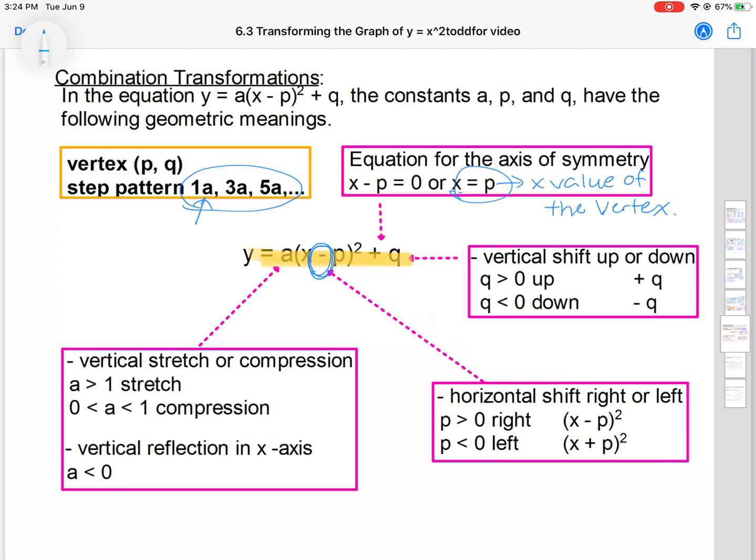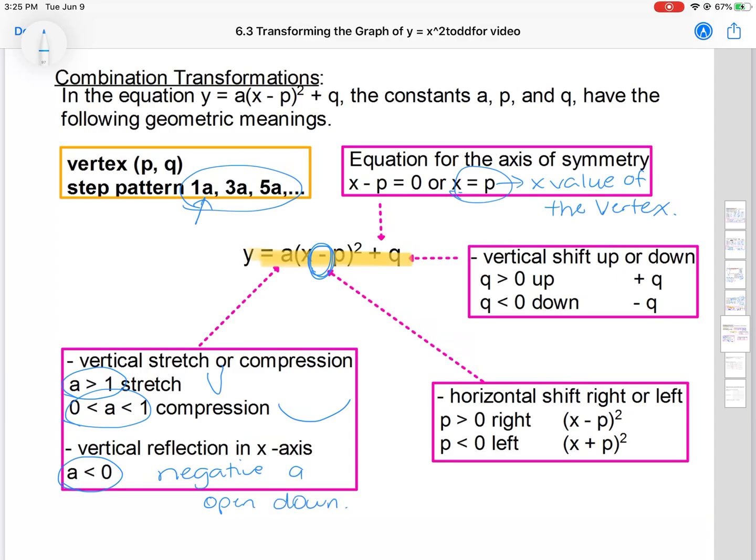If you have an a value greater than 1, then it's a stretch. Less than 1, but not negative, it's compression. So stretch is skinnier, compression's fatter, and then this means if you have a negative a, then it's going to be open down.